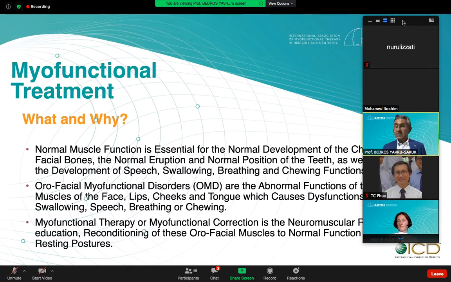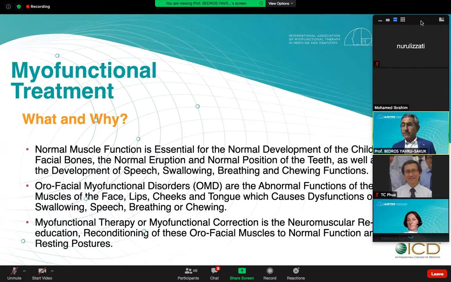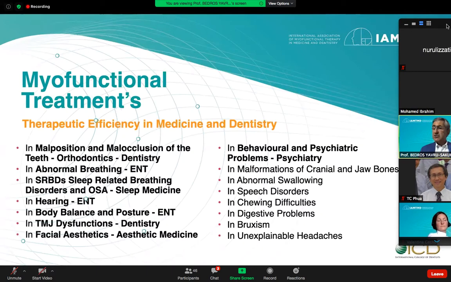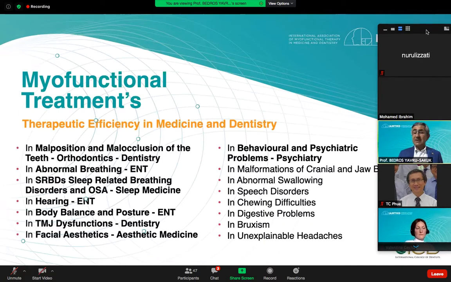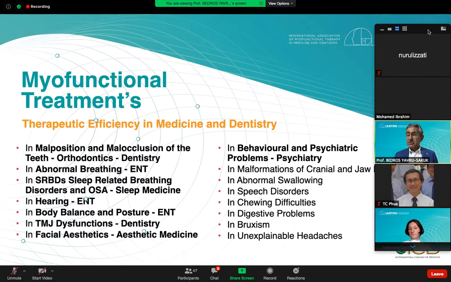Today, I would like to have an overview of the close relations and applications of myofunctional therapy in different specialties of medicine and dentistry. As I mentioned, the usefulness of myofunctional therapy is multiple.